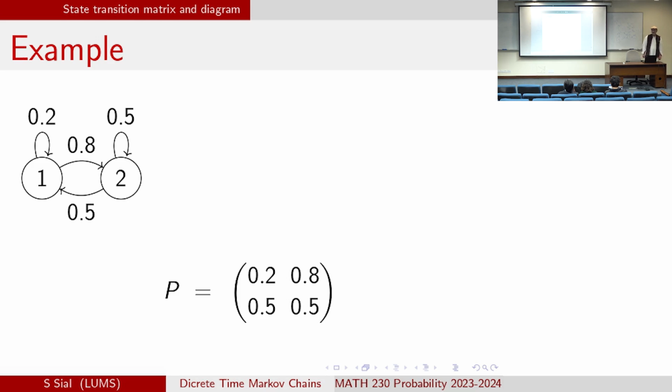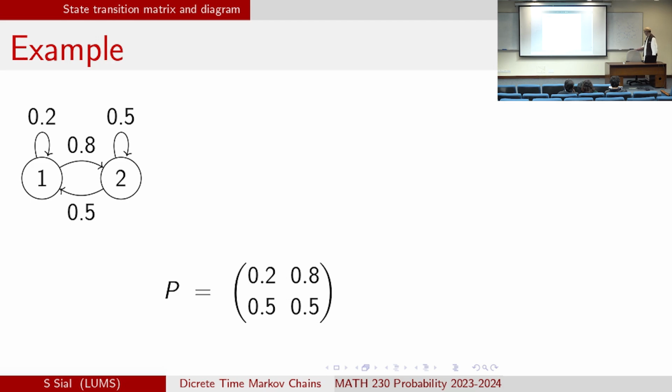If we thought of this matrix as having headings, then we would put the headings 1, 2 on the columns and on the rows.